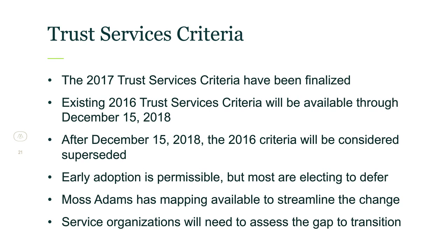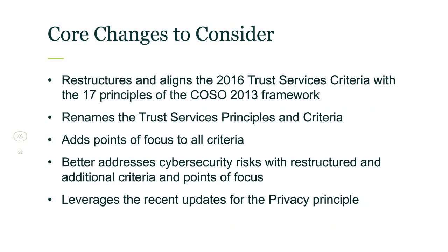Some of the most immediate changes to be aware of: first of all, the 2016 Trust Service Criteria are being amended to also take into account the 2013 COSO framework. And you might wonder why these 17 principles are being adopted. Well, a number of reasons. First of all, alignment with SEC registrants and others in the market that require this conformity for their ongoing reporting program.